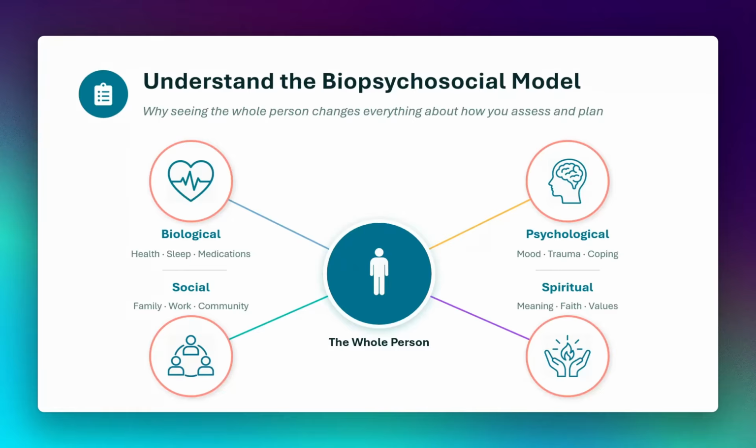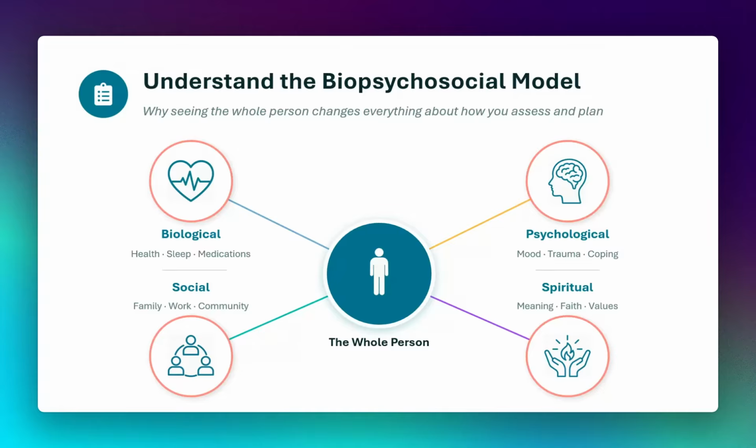A client presenting with depression might have a genetic vulnerability to mood disorders in the biological domain, a history of trauma and unhelpful thinking patterns in the psychological domain, social isolation and financial instability in the social domain, and a fractured relationship with a faith community that once provided support in the spiritual domain.